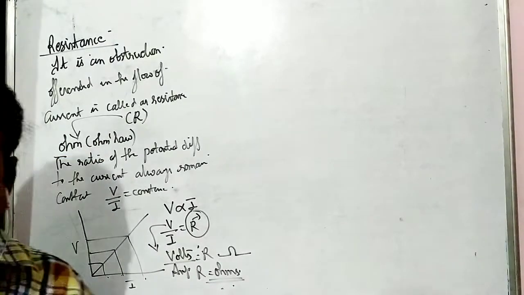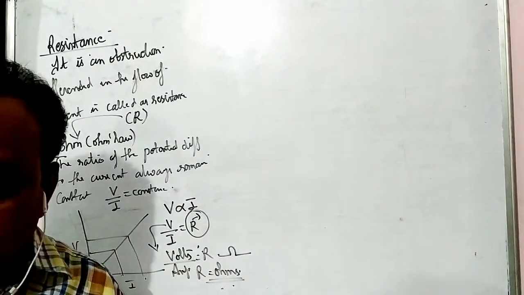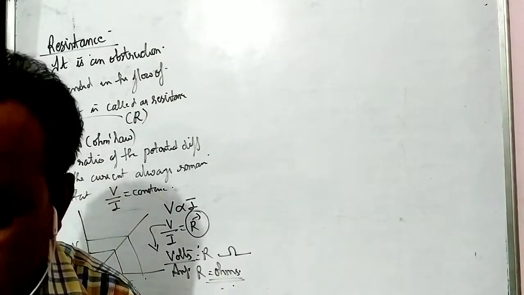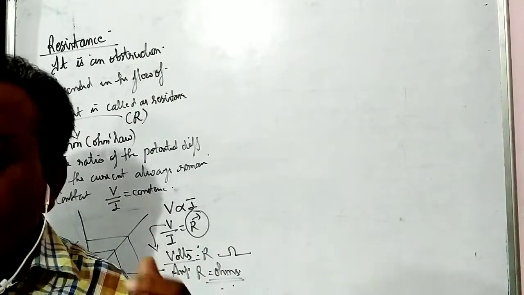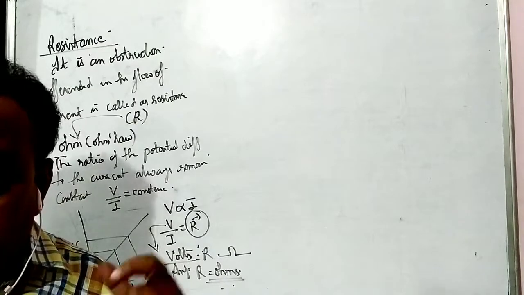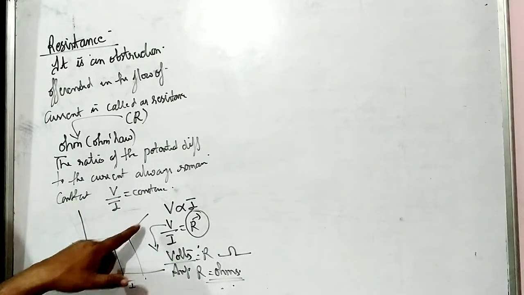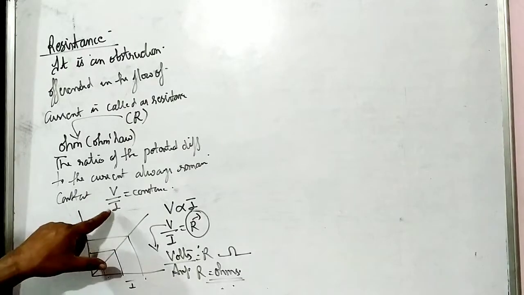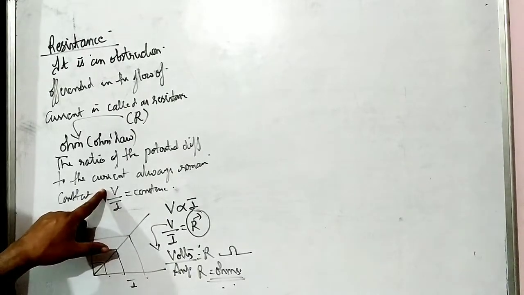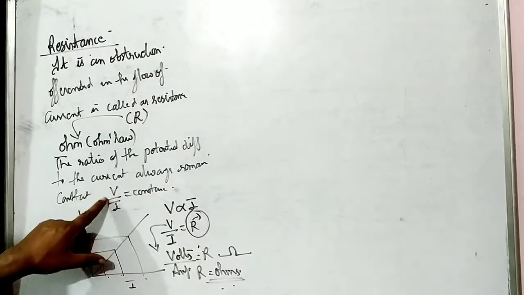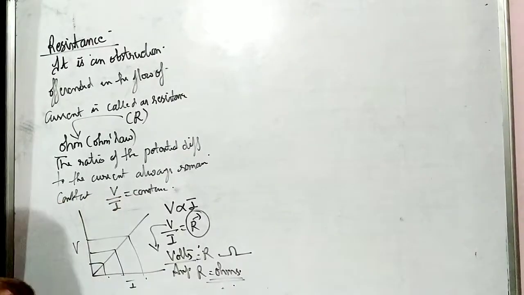According to Ohm's law, the ratio of the potential difference to the current is always constant. It never changes. For the verification of Ohm's law, a circuit is made, an ammeter and a voltmeter are supplied, and you will see in the graph that there is no change. As we increase the current, the potential difference also increases in such a way that the ratio always remains constant.